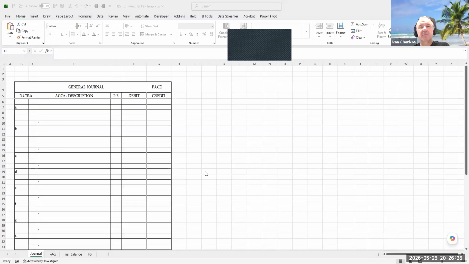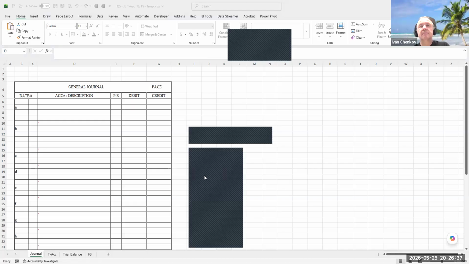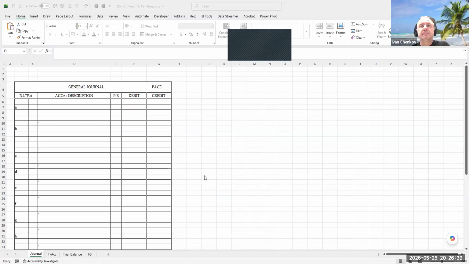Let me see if I can unprotect this sheet, because obviously this sheet is protected. Let me see if I can unprotect it. I still remember the password.